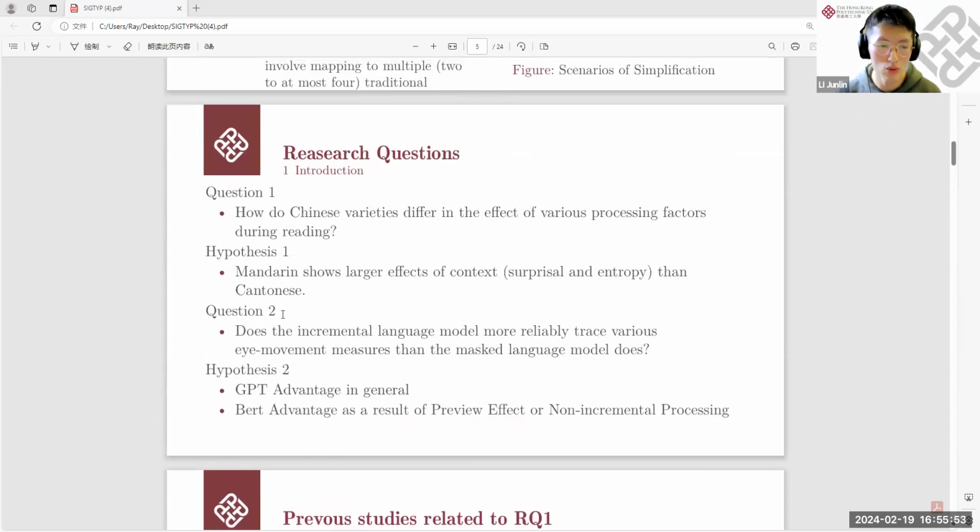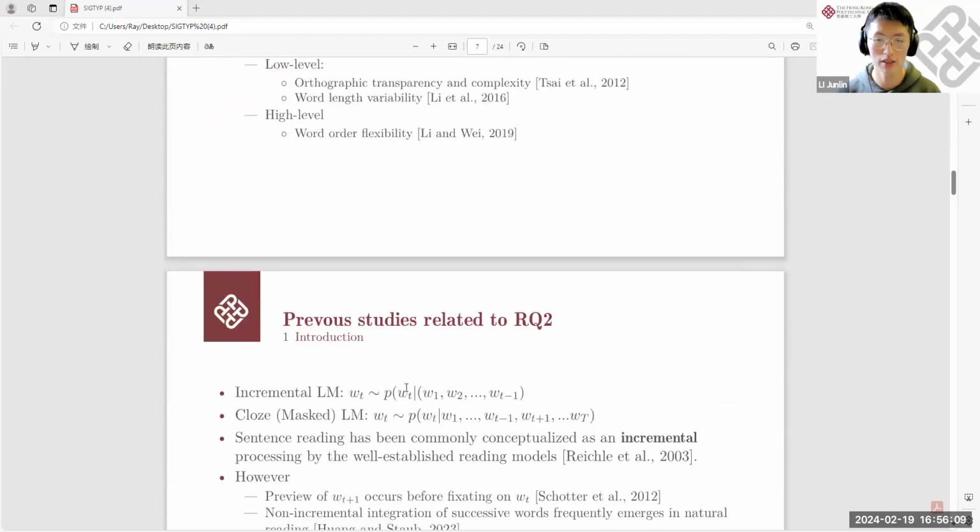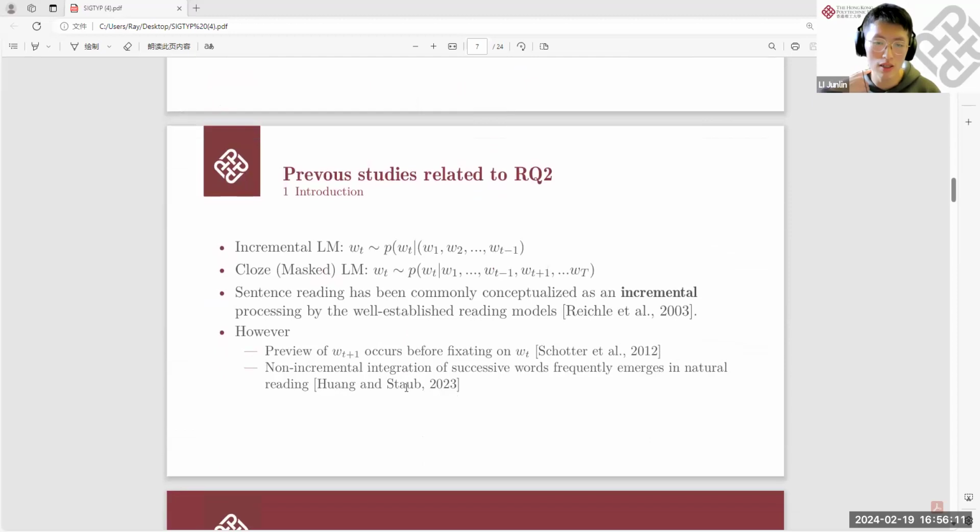And we can also ask a question about how an incremental language model is more favorable than a masked language model in tracing eye movement measures, since there is a common supposition that sentence reading is an incremental processing process.